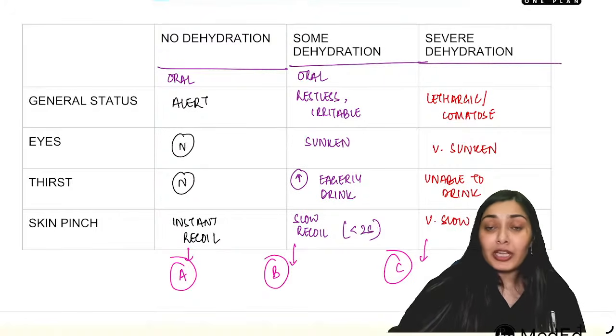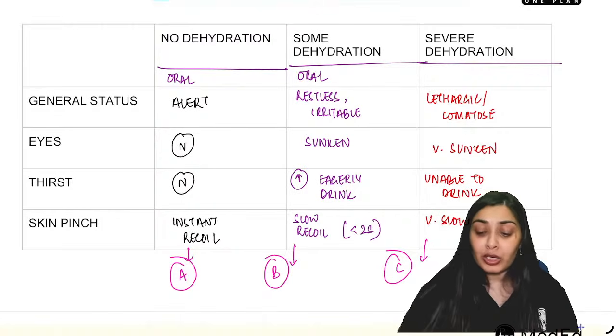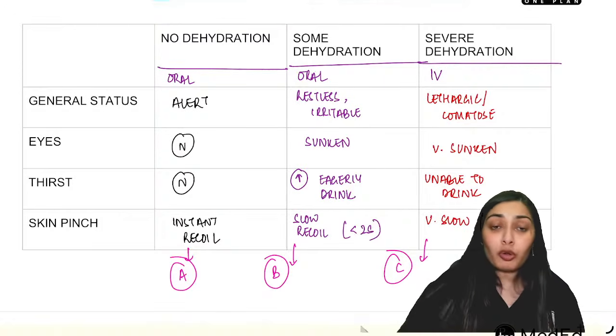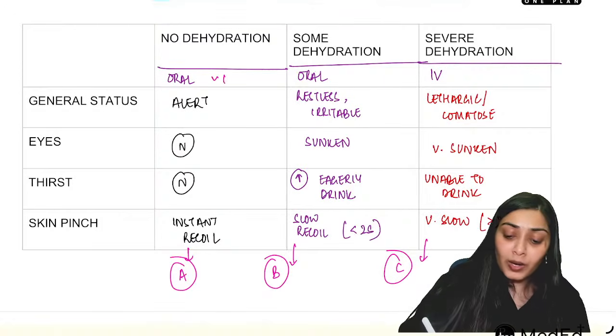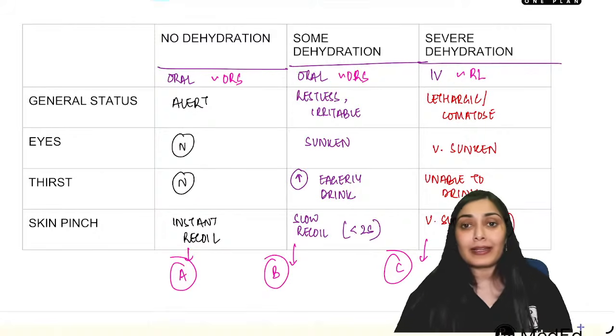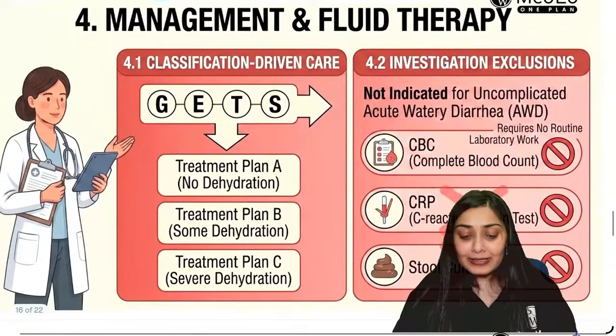But in severe dehydration, the child is lethargic, comatose, unable to drink or drinking very poorly, so here I have to give IV, right? When we talk about oral rehydration, we have ORS, oral rehydration solution. And for IV, the choice is Ringer lactate, right? So one by one, let's discuss this management.